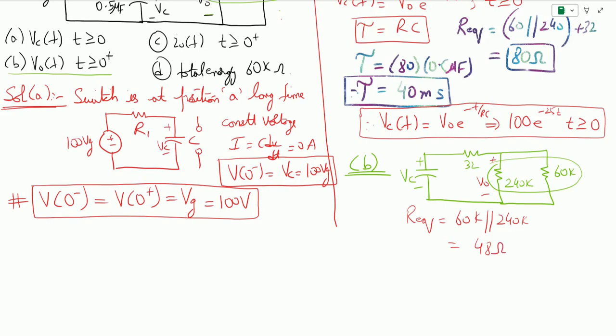48k. Now I can apply the voltage divider rule to find the voltage V out. So voltage divider rule, in order to find V out(t), is I use VC, multiply it with 48, which is the R equivalent, and divided by 48 plus 32, and this comes out to be 60 e raised to power minus 25t for t greater than or equal to 0.